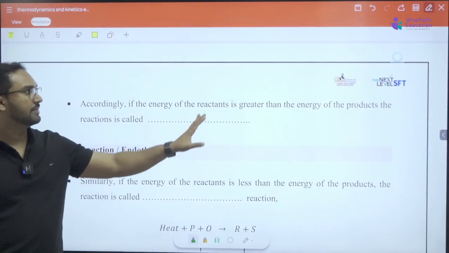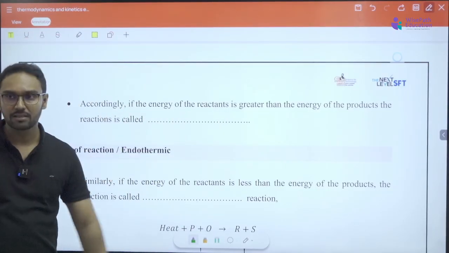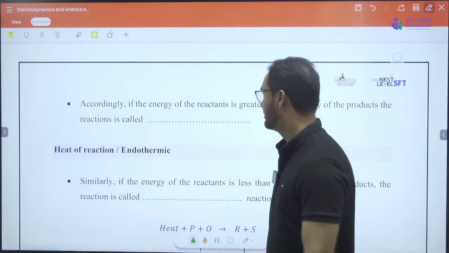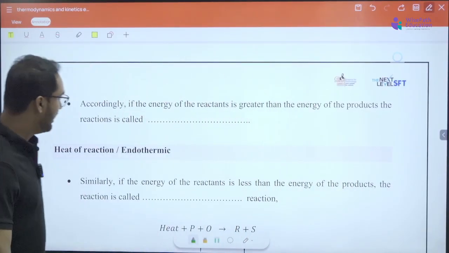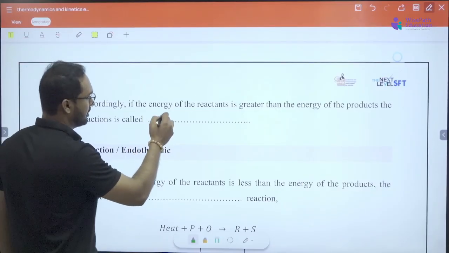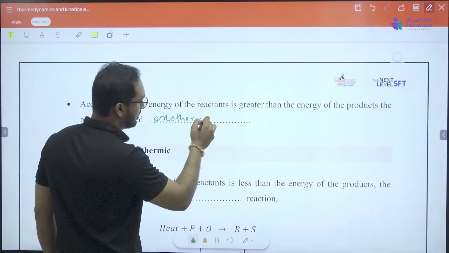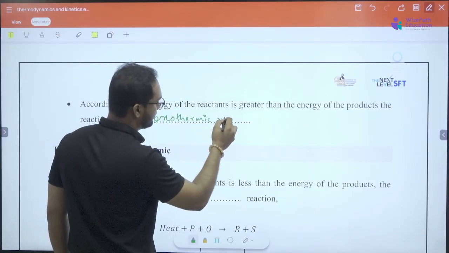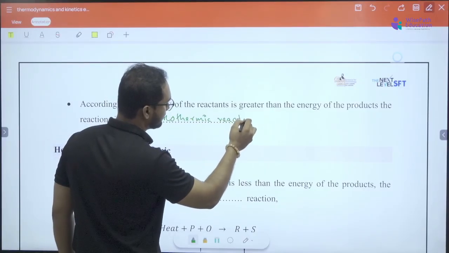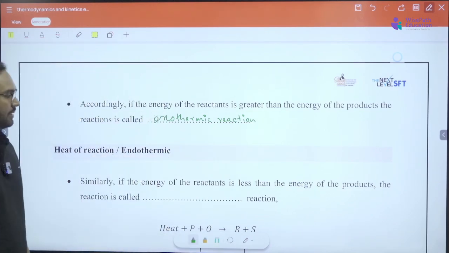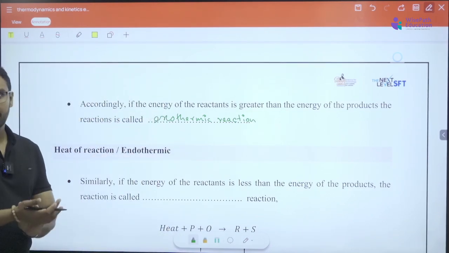Exothermic reaction. Yes, exothermic reaction. So it's an exothermic reaction.